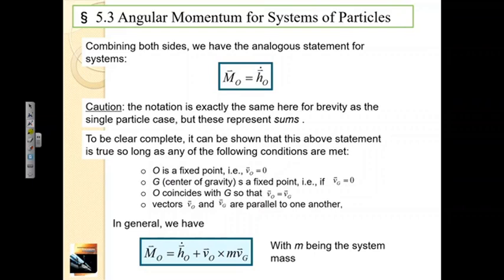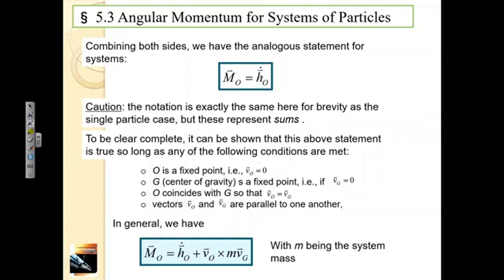So last time we got together, I wanted to show you that moment was equal to the time rate of change of angular momentum. So we took angular momentum, and we took its derivative. Angular momentum is r cross mv.